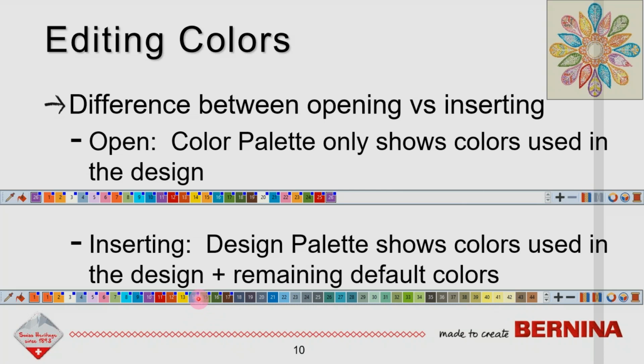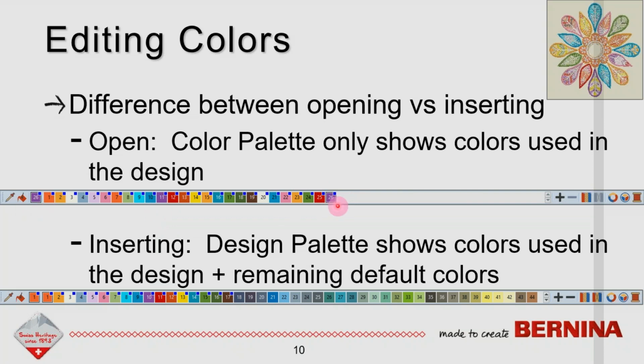Someone noticed in this morning's webinar that this same design has a difference in opening and inserting. And I did find out the answer. When you open a design, it's going to maintain color order numbers. So even when a same color is used, like you see color 11, that's actually the same color as color number 26.